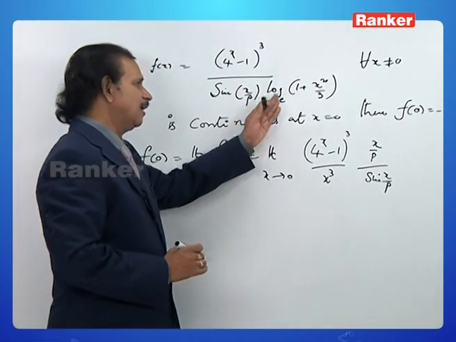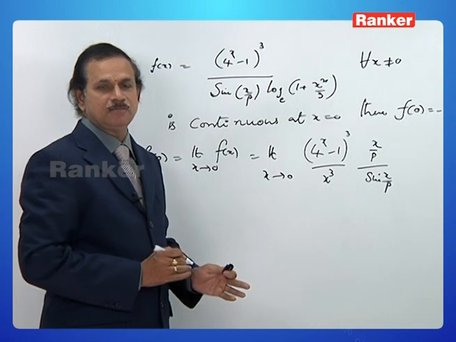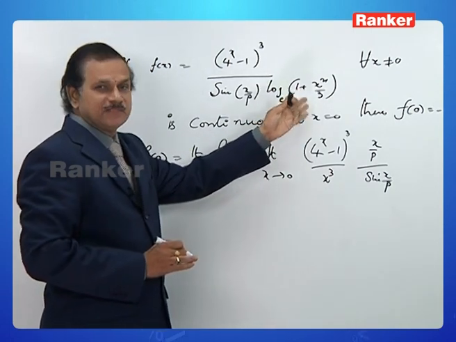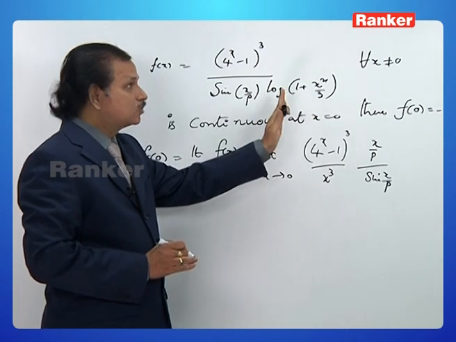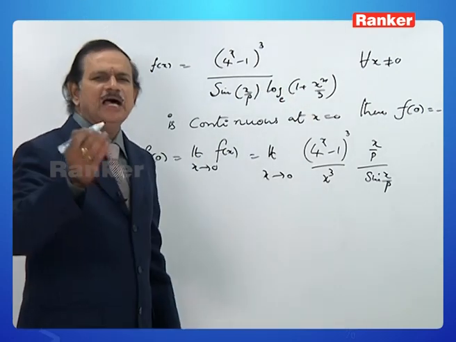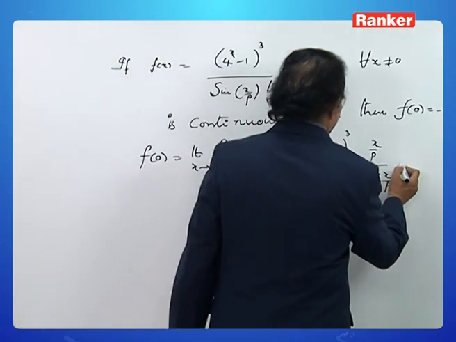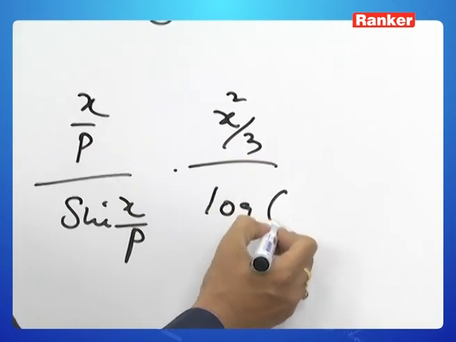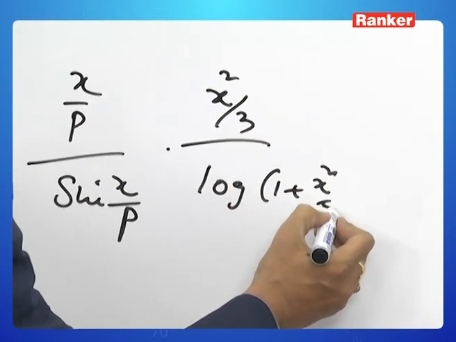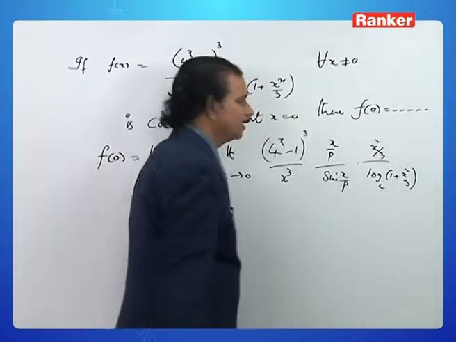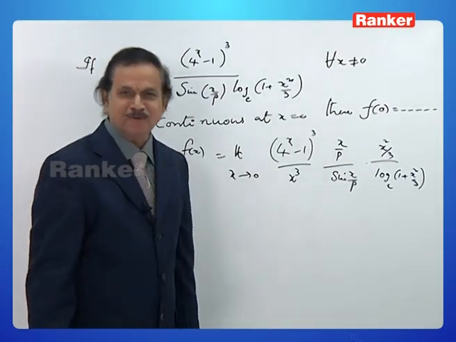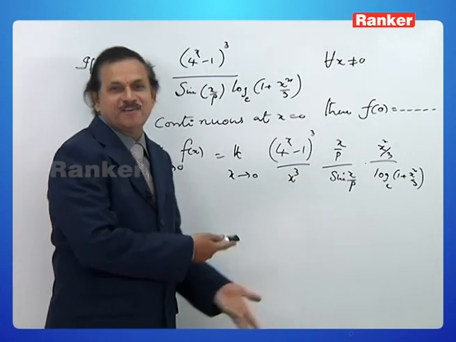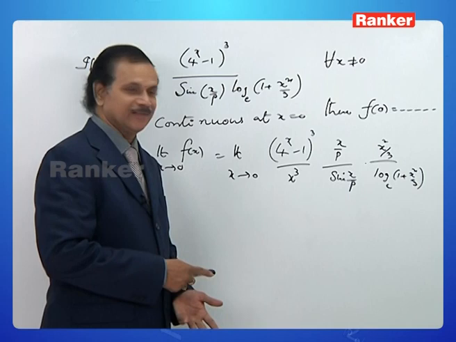Again, log of 1 plus x square by 3 is able to be seen here. To have a simplified form of this limit, we need x square by 3 in the numerator. Have it first of all. x square by 3 by log of 1 plus x square by 3. Now, the matter of settlement. There are so many things we have introduced here newly.